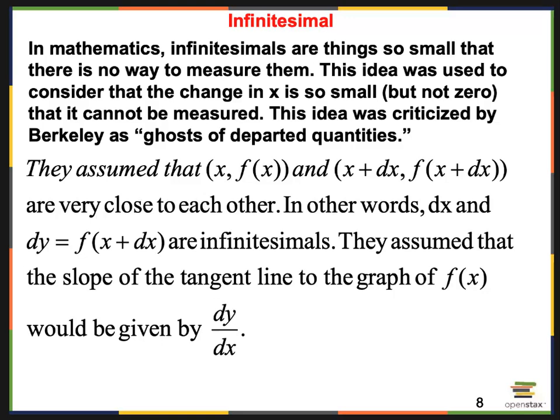They assume that we have a point, x, f of x, and x plus dx, f of x plus dx are very close to each other. In other words, dx and dy equals f of x plus dx minus f of x are infinitesimals. They assume that the slope of the tangent line to the graph of f of x would be given by dy over dx.